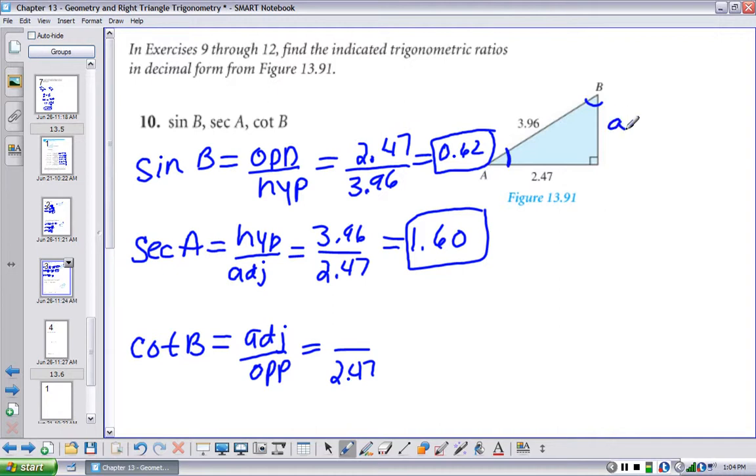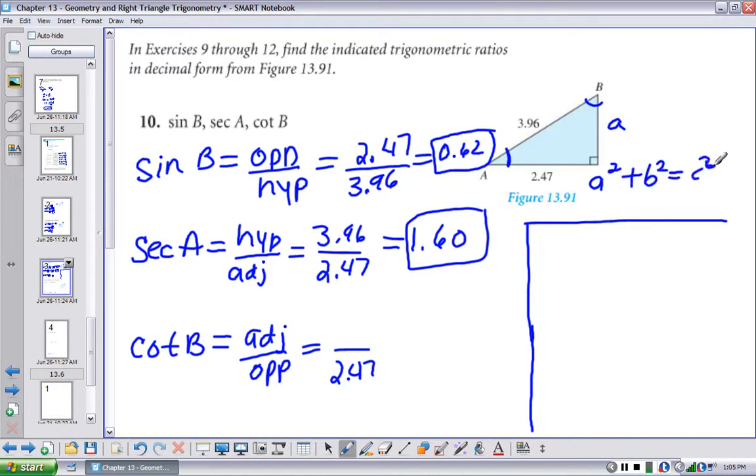We're missing little side A. And in order for us to find that, we're going to go back to what we learned in a previous section, and we're going to use the Pythagorean theorem. Remember that the Pythagorean theorem is A squared plus B squared equals C squared, where C is the hypotenuse. So A is going to be the square root of C squared minus B squared.